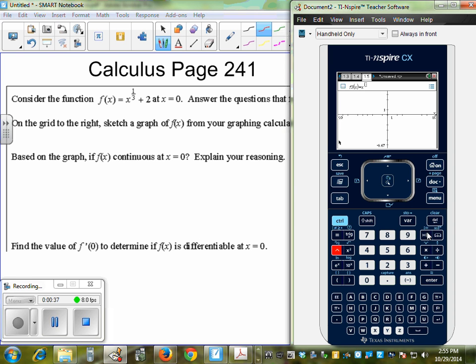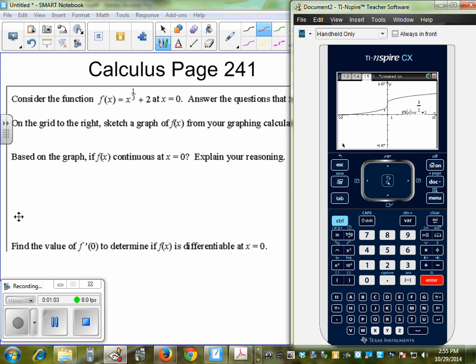So it's cube root of x plus 2. There we go. Ooh, looks like there's a vertical tangent going on right there.